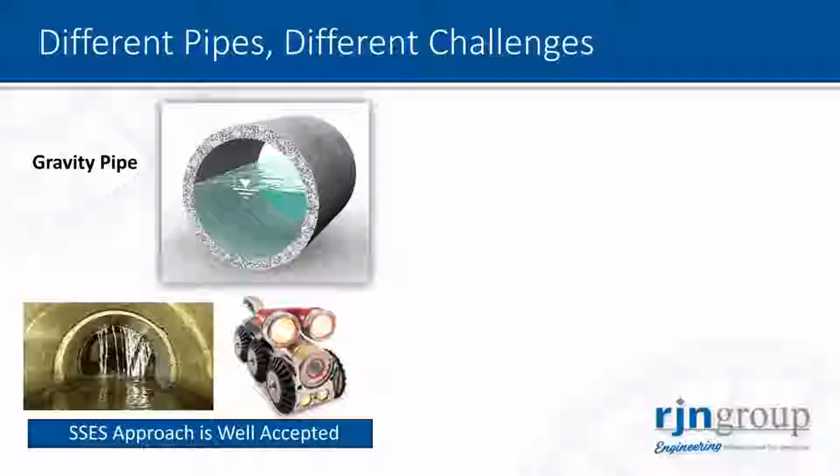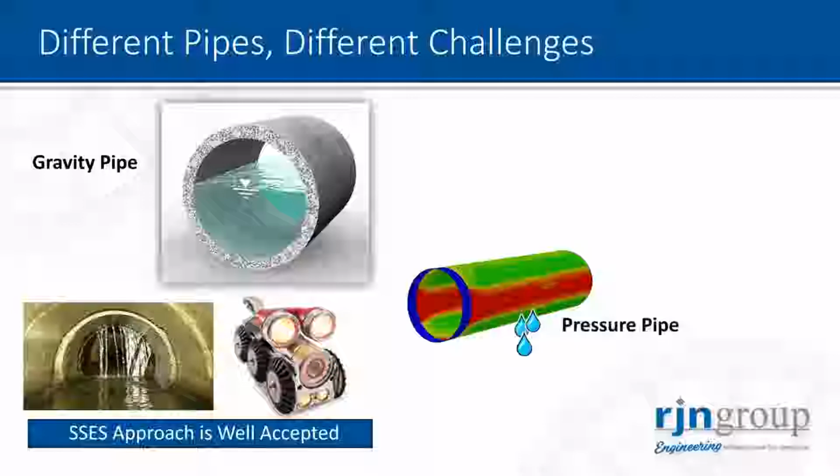These are different challenges. When we're dealing with pressure pipe, we're not only interested in finding where these pipes are leaking, but we're also interested in the stress within the pipe wall and the associated weakening of that pipe wall due to internal or external corrosion. And this is not something you can see with a CCTV camera.